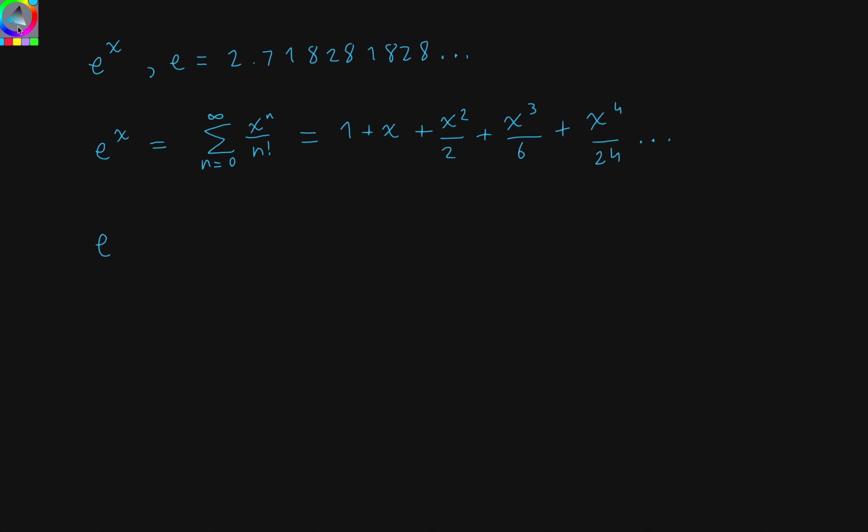If we plug in an imaginary number here, say e to the i theta, since this is how it appears in Euler's formula, then we're going to get 1 plus i theta plus (i theta) squared over 2 plus (i theta) cubed over 6 plus (i theta) to the 4th power over 24.